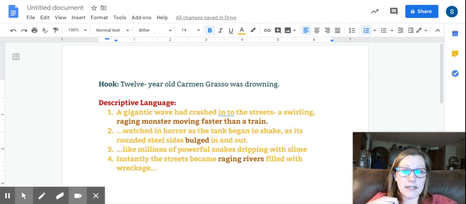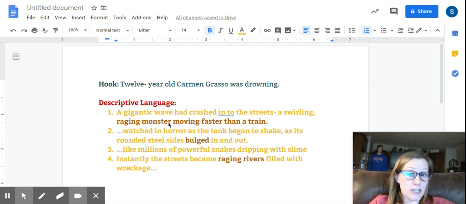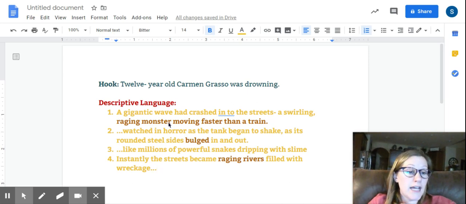They're calling the gigantic wave of molasses a raging monster. So is the gigantic wave actually a monster? No, but they're comparing it. That's a way that they're describing the wave. So again, that's called a metaphor.